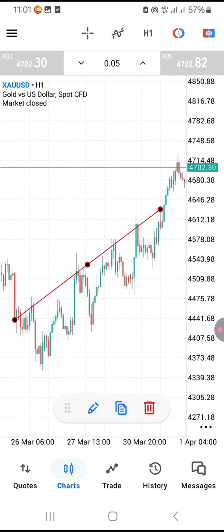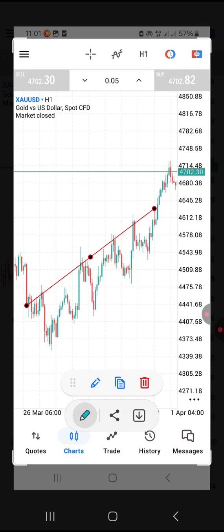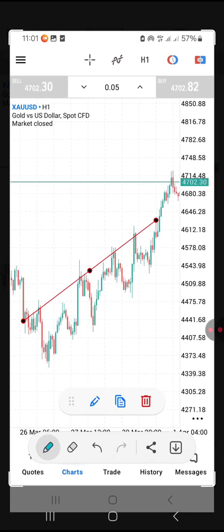So when we say higher highs, price keeps, let me extend my screenshot and show you something. Okay, please hold. Basically, if you mark this point, this is a high, second high, third high, fourth high, and it goes on.